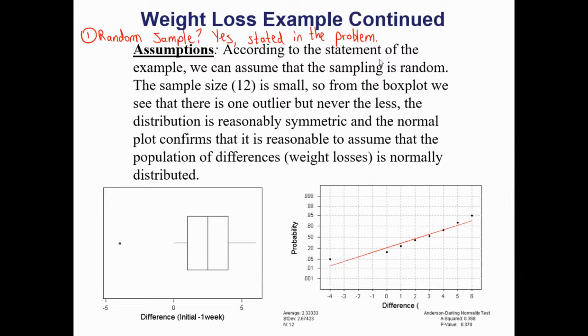Okay, second assumption that we've got to verify. Do we have a large sample? No. So, large, no. N equals 12 is less than 30.